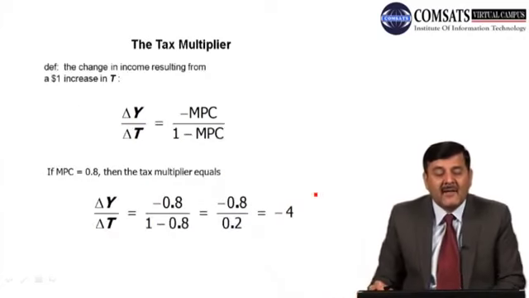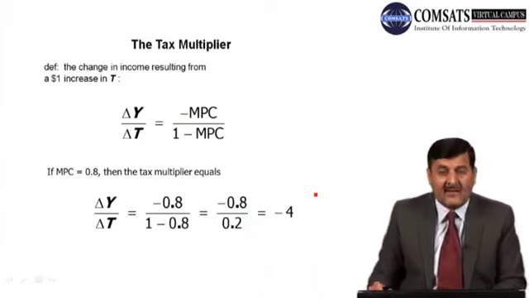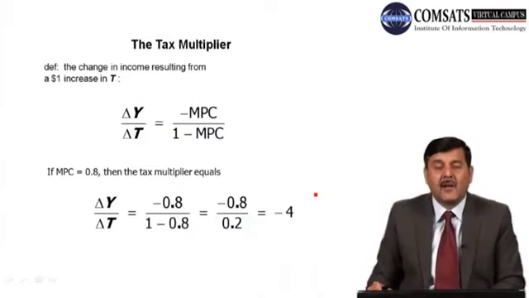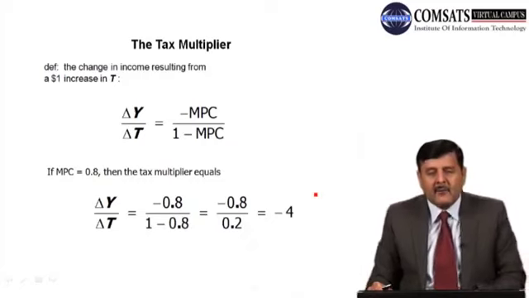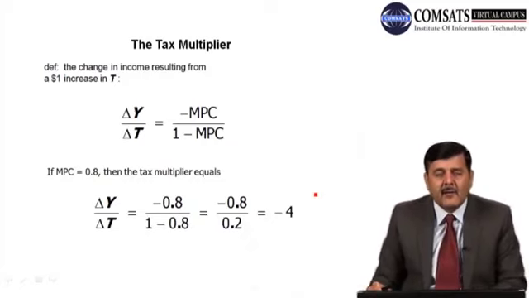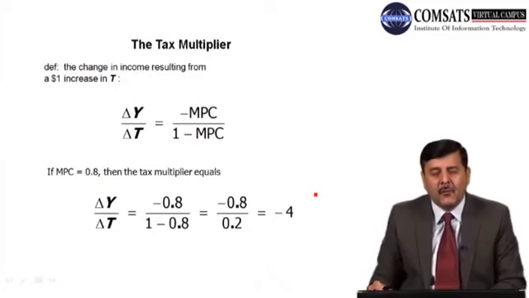Now the tax multiplier is the change in income resulting from a $1 increase in taxes. So if there is a $1 increase in taxes, how much change in income will there be? That is known as the tax multiplier. We can find that delta Y over delta T, change in income due to change in taxes, is equal to minus MPC over 1 minus MPC, where MPC is the marginal propensity to consume.